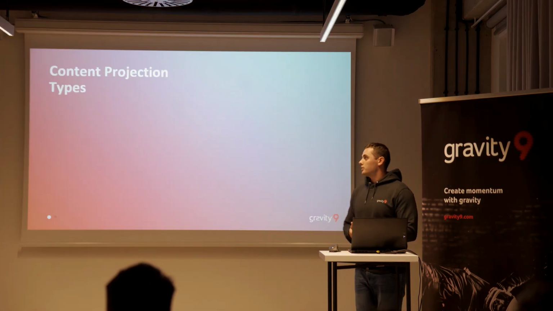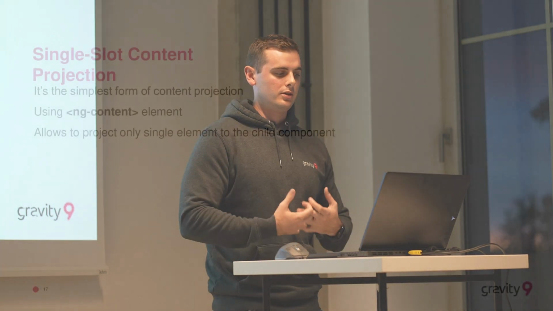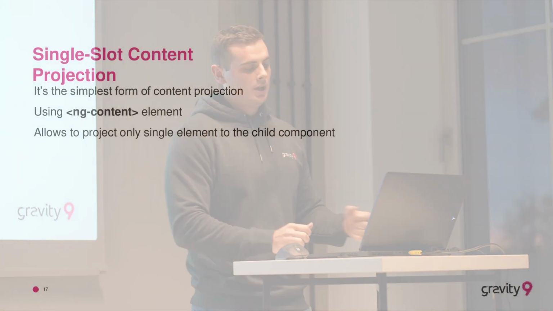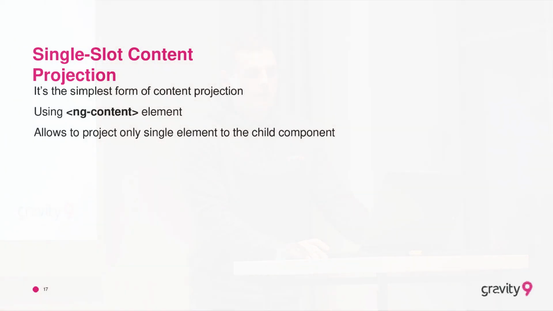So what content projection types do we have in Angular? The simplest form of content projection in Angular is single slot content projection, and it requires only to use ng-content element, and it allows to project only single element to the child component.